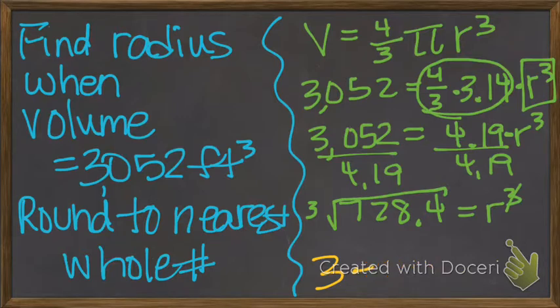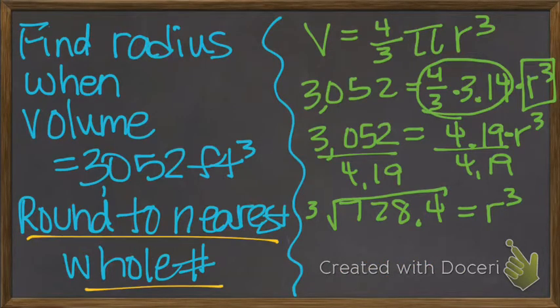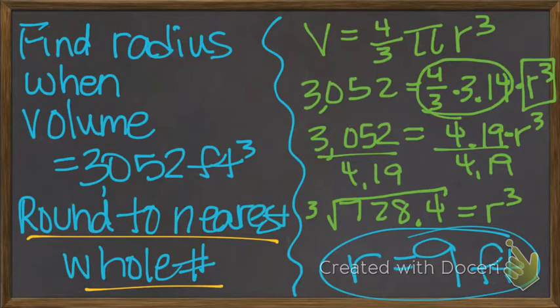Okay, so that's how you would put that in your calculator. When you do that, and our instructions were to round to the nearest whole number, we get a radius of 9. And that would be 9 feet. Okay, so we're just always starting with our formula, plugging in what we know, and solving for the rest.